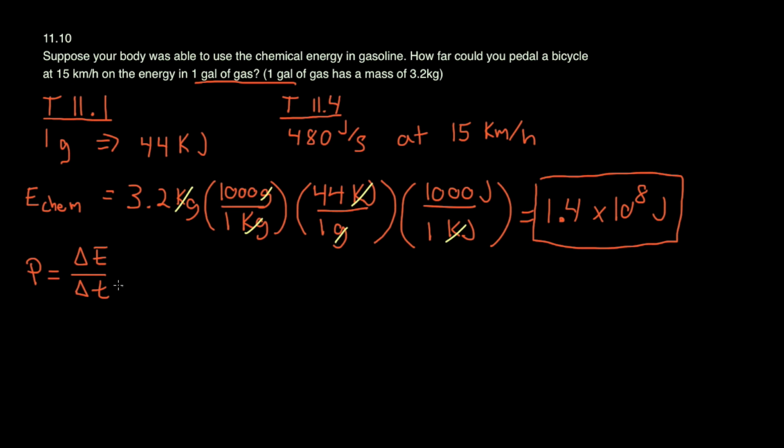And so if we want to solve for delta T, right, because as soon as we have delta T, we can easily find out how far we can go, because we have the time and the velocity. So delta T is going to be equal to, divide P by both sides, and we get delta E over P. And I said that my delta E is just the total energy in gas, right?